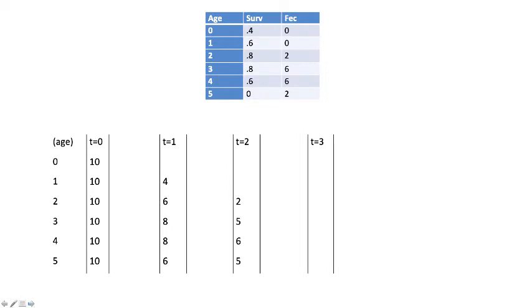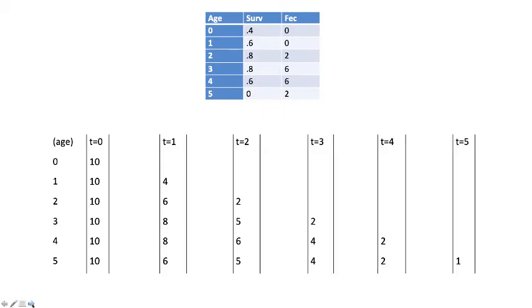My rounding to whole numbers here is okay because we're not looking for precise projections, and a little error is not going to affect the general outcome. Three years from now, boom, 4 and 5. And so 5 years from now, we have 1 survivor left out of the 10 young of the year that we have today.